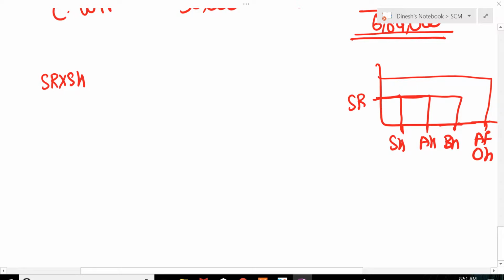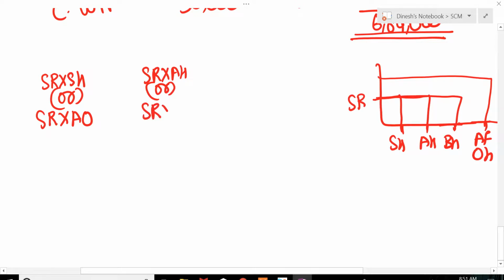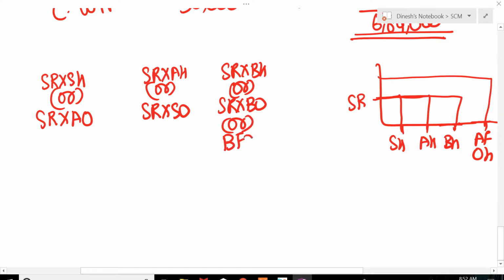Into SH or SR into AO. Conversion factor is something which you will have to be clear with. SR into AH or SR into SO, into BH or SR into BO or BFOH.